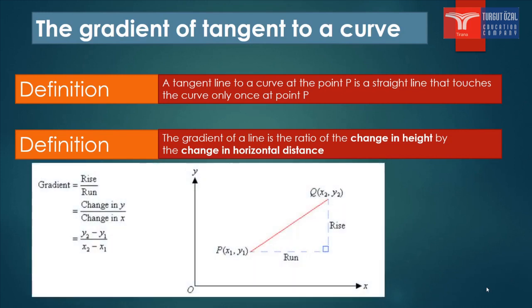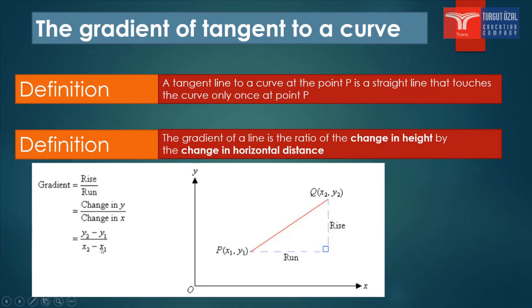For example, as we see here, we have two different definitions of the gradient. We can find the gradient by using any 2 points of the line, the point P and the point Q. The point P is (x1, y1), the point Q is (x2, y2), and we can just take the difference of y's, y2 minus y1, over x2 minus x1.